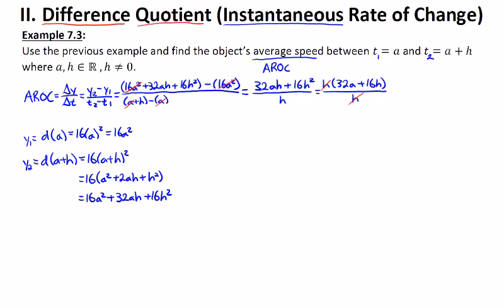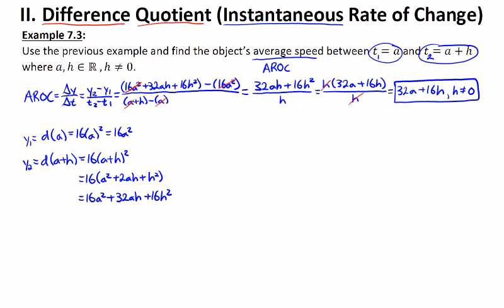So ultimately, once we get this simplified, we're going to have 32a plus 16h, provided that h is not equal to 0. And that ends up being the final result here for the average rate of change calculation between t equals a and t equals a plus h.